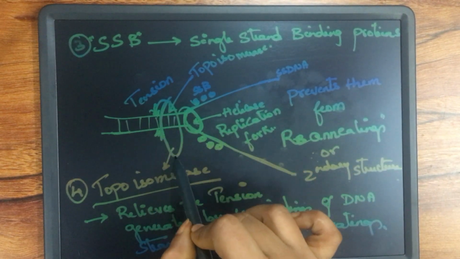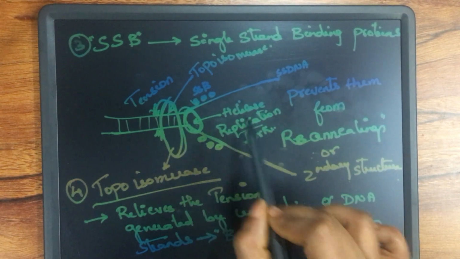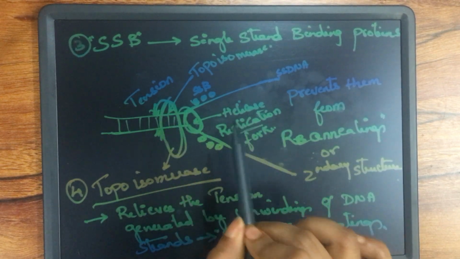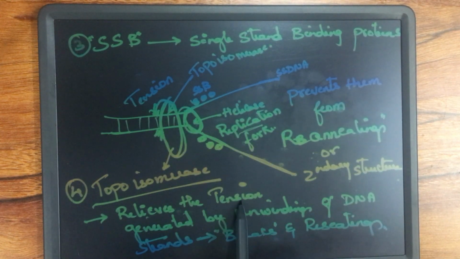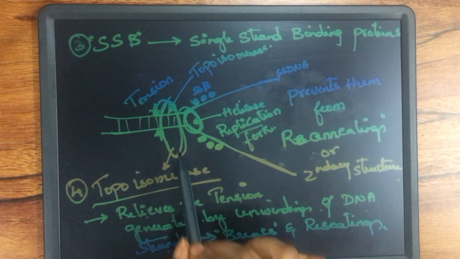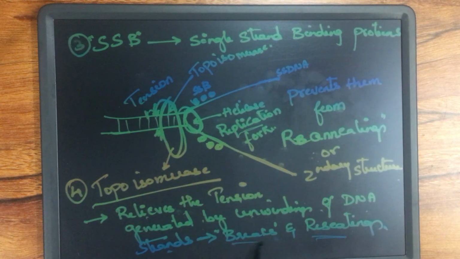Apart from this, our second enzyme, topoisomerase, comes and binds ahead of the replication fork, or ahead of even the helicase enzyme, so that it relieves the tension generated by the unwinding of the DNA strands by causing temporary breaks and then resealing it.